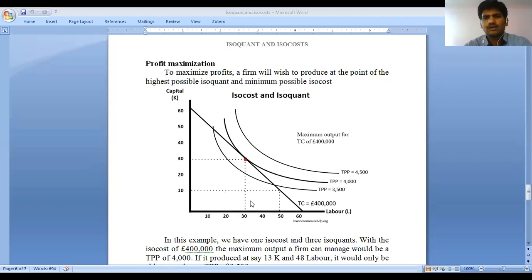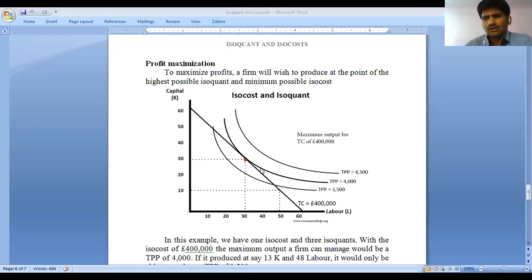For this we have to analyze this. So for the ISO quant we relate the labor and capital in changing. In the same manner, in ISO cost, we consider cost-wise how we increase or decrease the labor and how we increase or decrease the cost in the capital.